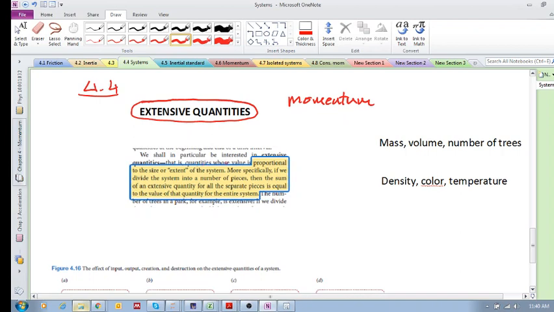If the value of a quantity is proportional to the size or extent of the system, then it is an extensive quantity. Okay, so if it is proportional to the size of the system, then it's extensive. More specifically, this is where it becomes very applicable to momentum.